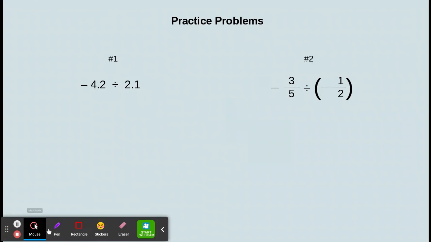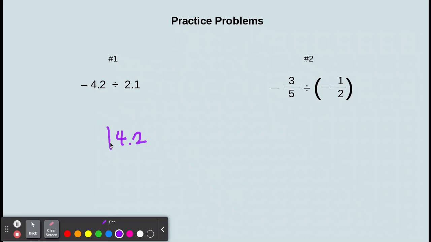For this first practice problem here, we have negative 4.2 divided by 2.1. I am going to put this into a division problem by simply reading it as 4.2 divided by 2.1. I'm not going to worry about the signs for now.